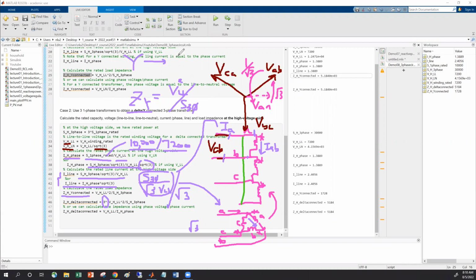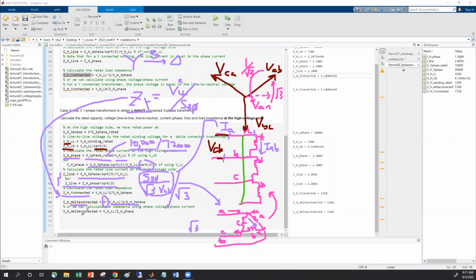So if you change them to delta, you times 3, right? So that's why you can use this formula to compute for the Y-connected load. But if you want to compute for delta-connected impedance, you need to times this particular value by 3.